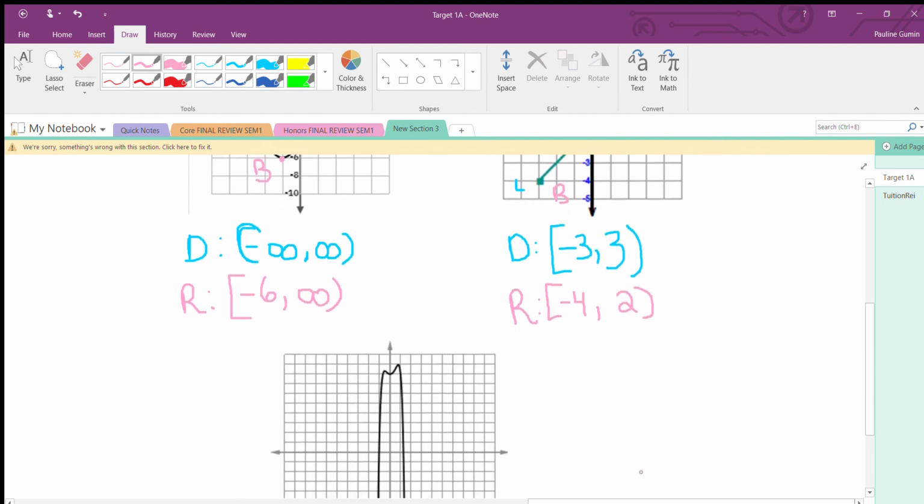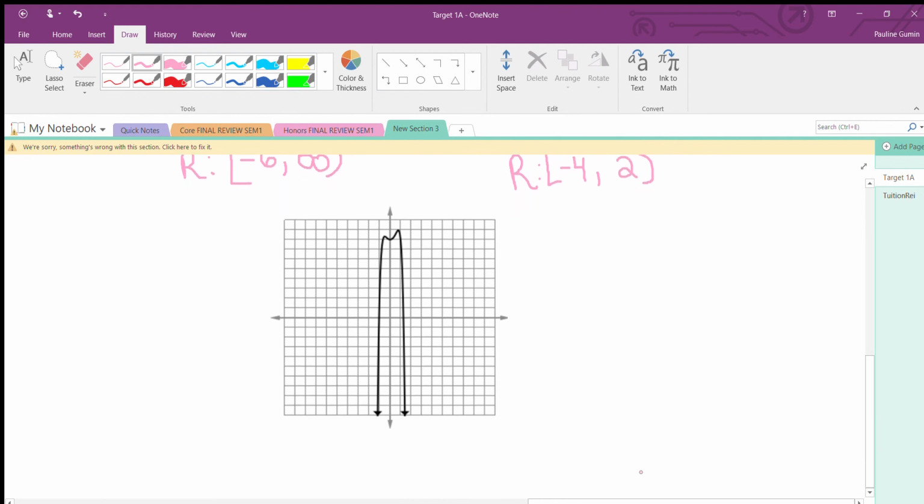All right, one more and we are done with target A. Let's do domain. Domain. Once again, we're going from left to right. Okay, well, on the left-hand side, it looks like I'm going down forever, which means I'm going to negative infinity for forever, for the x's.